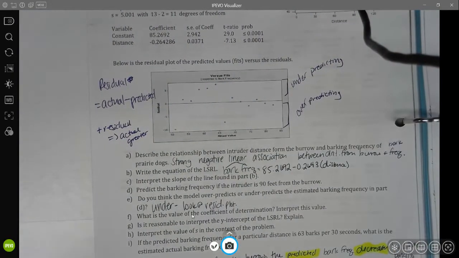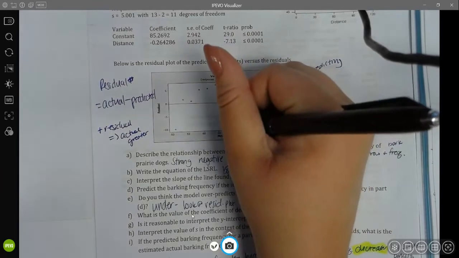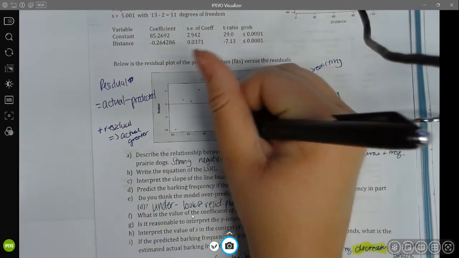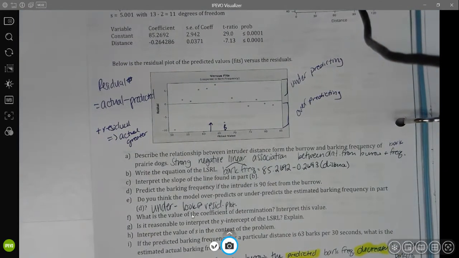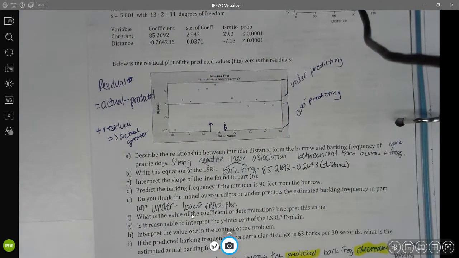All right, and we are looking at 63. So 63 is maybe over here, somewhere right in the middle. It is in the top of my graph. So we would have under predicted what the actual value is, which means it's going to be something that's greater than 63 barks.